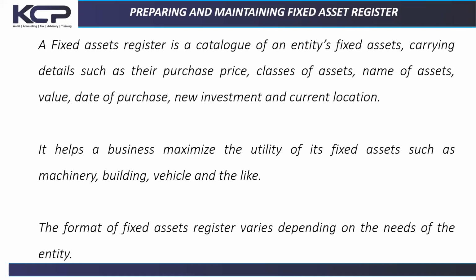These are some of the details that a fixed asset register provides. Unfortunately, no portion of the standard actually gives in explicit terms the components of the fixed asset register. Therefore, various organizations may put the format in various ways.